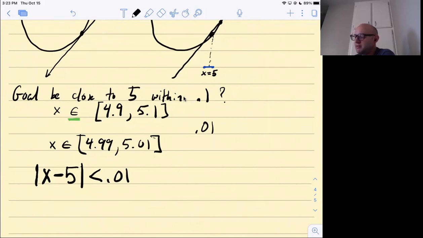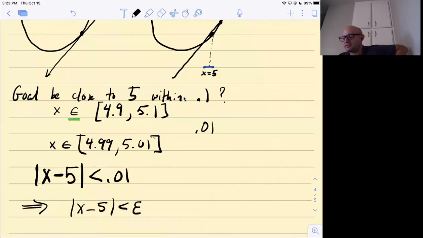So we could write eventually something like this, that we want |x minus 5| to be less than an expression called epsilon. This is called a small number epsilon. That tells you that you want to be within a certain distance of the number 5.